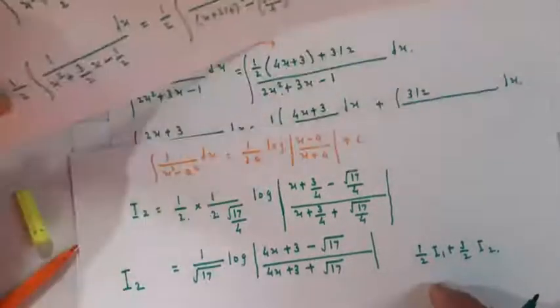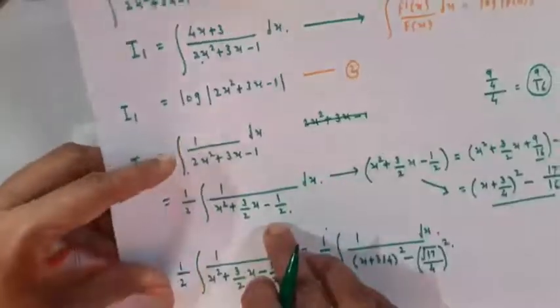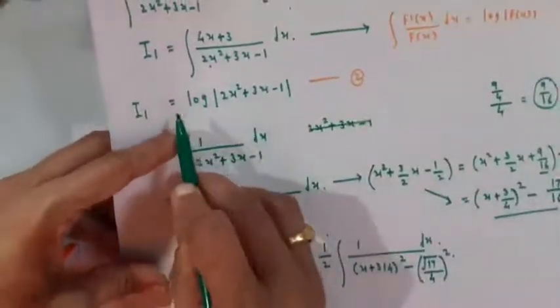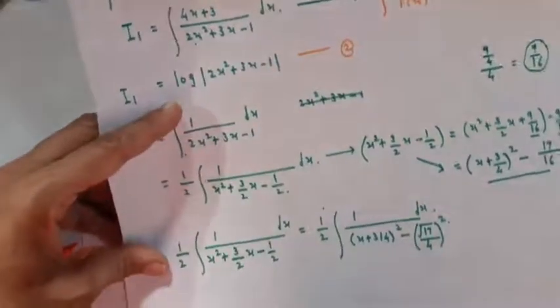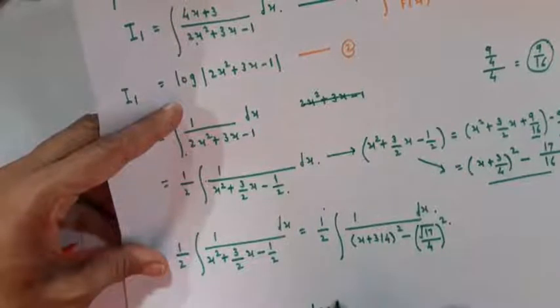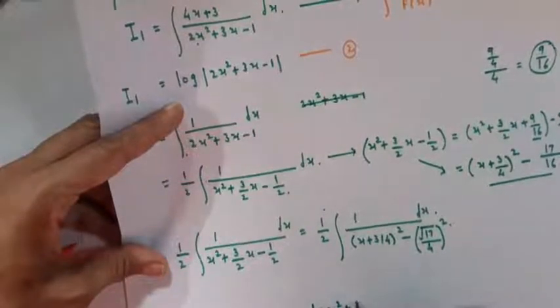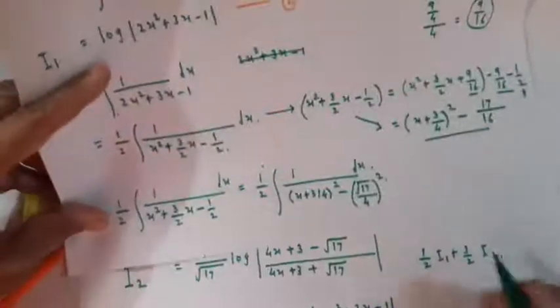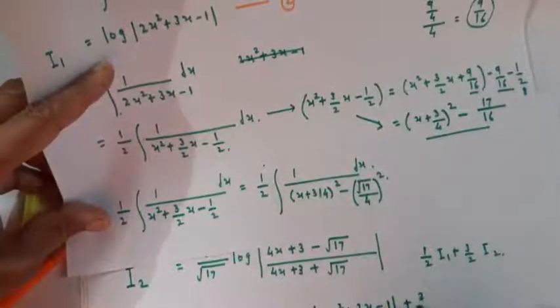So 1 by 2 into I1, what is the value of I1? We have found out the integration I1, that is log of 2x square plus 3x minus 1, and plus 3 by 2 I2.